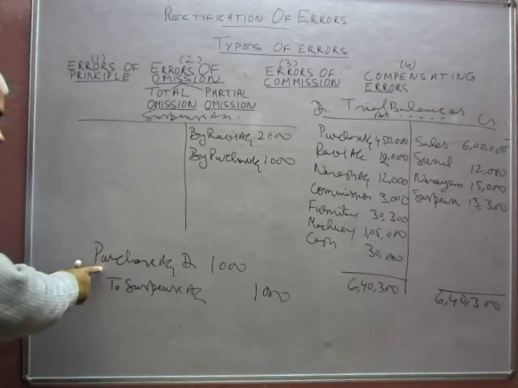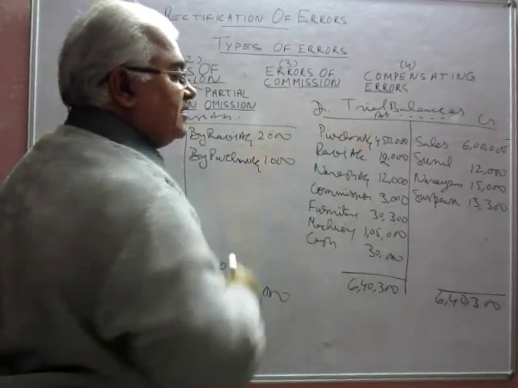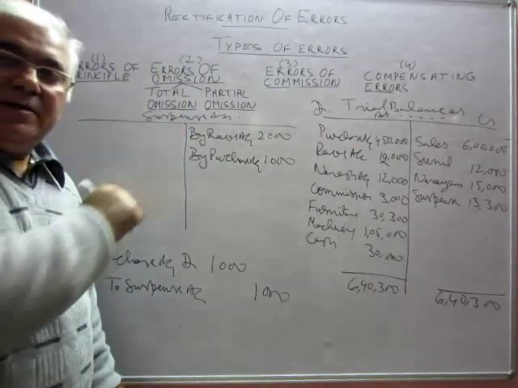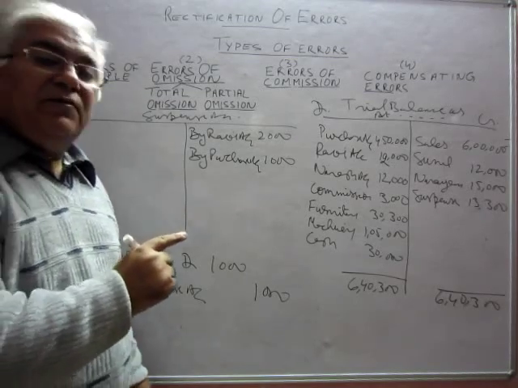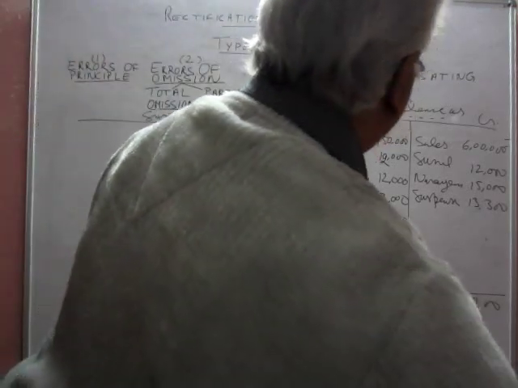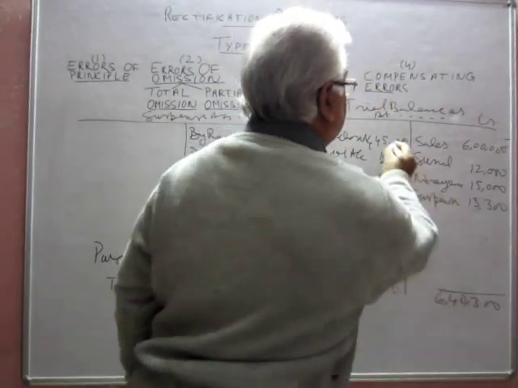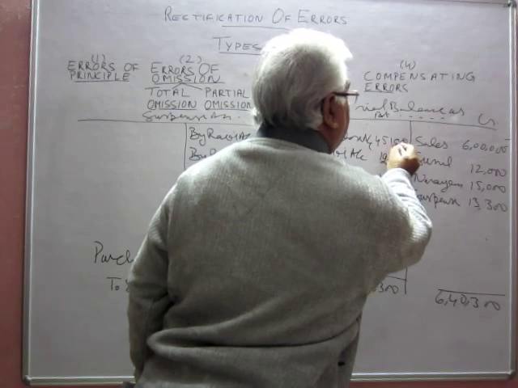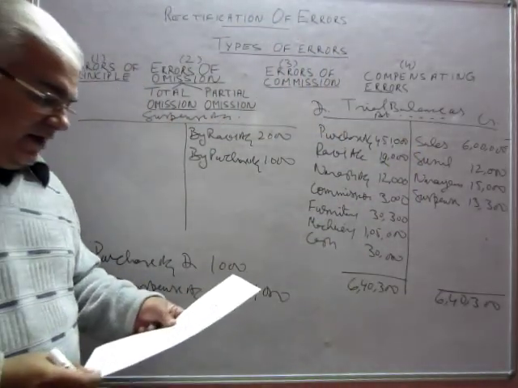With this, purchase account will be debited further by 1000 rupees. In trial balance, purchase account appears at 4,50,000. That's a debit balance. With this 1000 more, its balance will become 4,51,000.